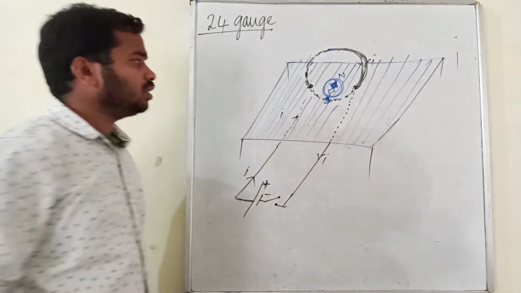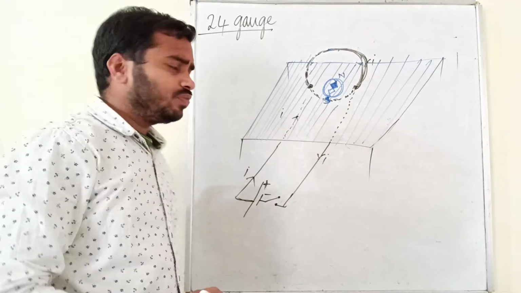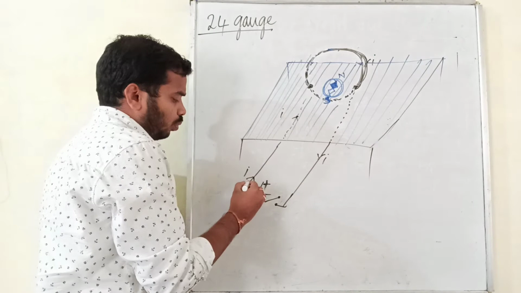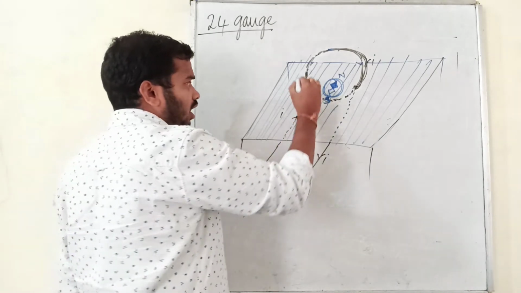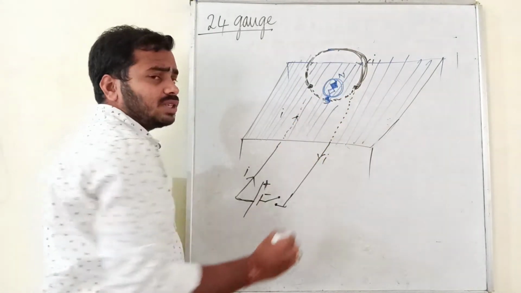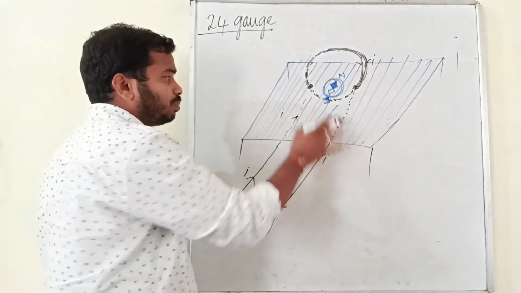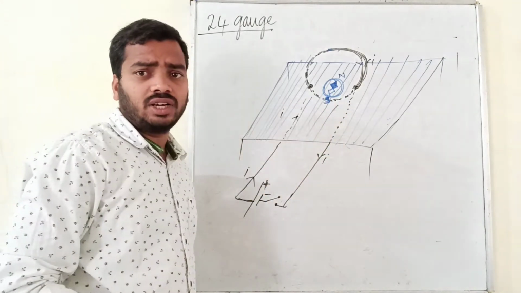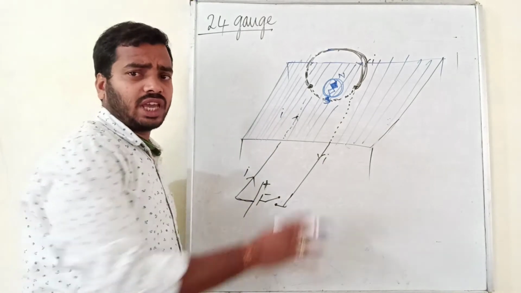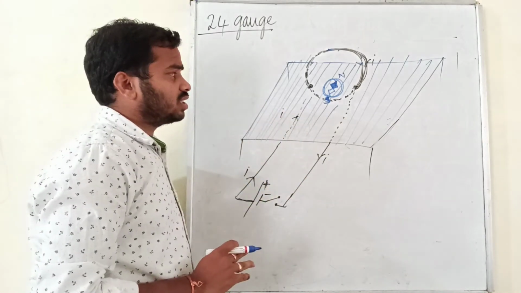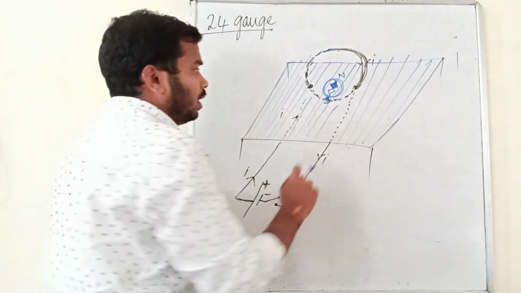As we have discussed previously, when a current is passing through a conductor, if a compass is placed nearby, it changes its direction because of the magnetic field produced by the current carrying conductor. The same thing happens in the case of this circular current carrying loop.